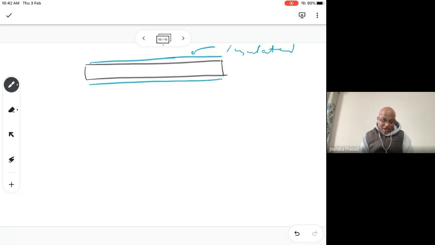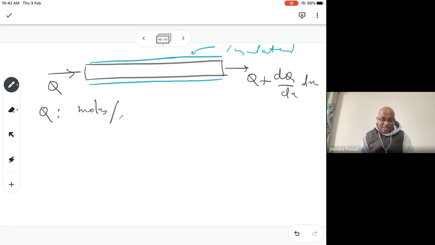As I said earlier, there will be a q entering and q plus dq over dx leaving, where q is the total flow, in terms of moles per second.